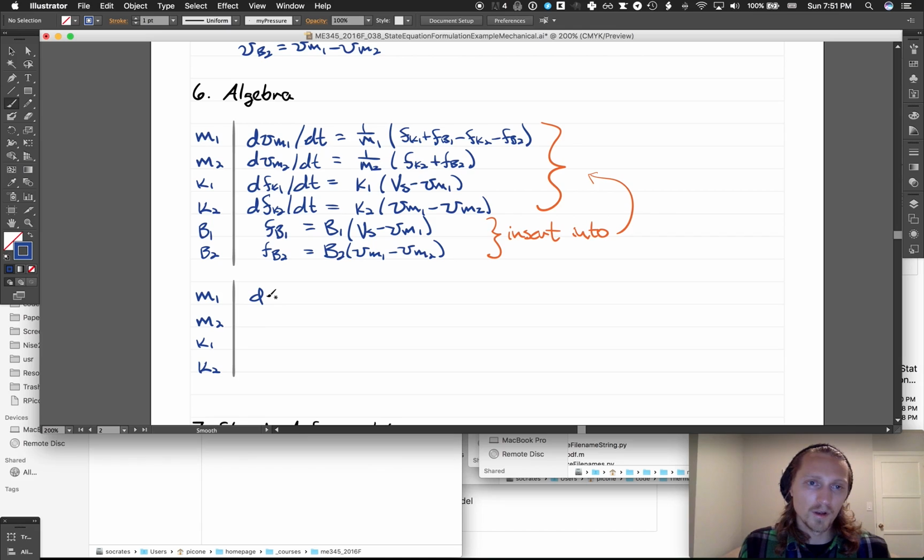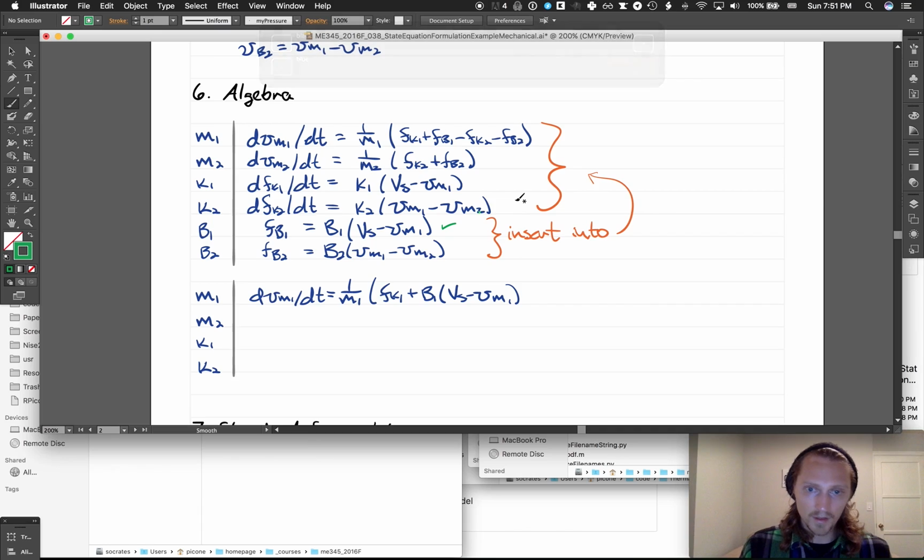So dvm1/dt is equal to 1 over m1 times Fk1, a state variable, we don't need to eliminate that, plus Fb1, which is b1 times (vs minus vm1) from this equation here, right? Plus Fk2, which is a state variable. Sorry, that was minus. You guys aren't here to help me when I make mistakes.